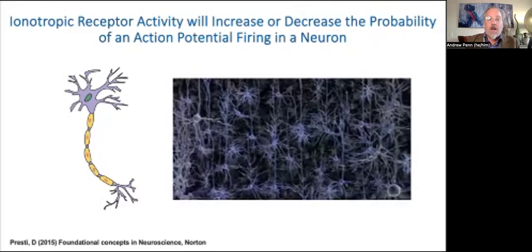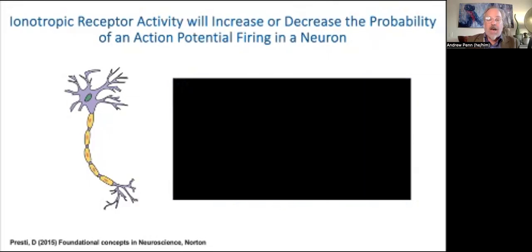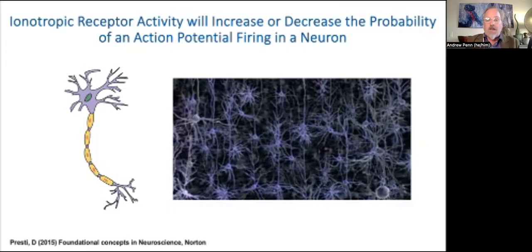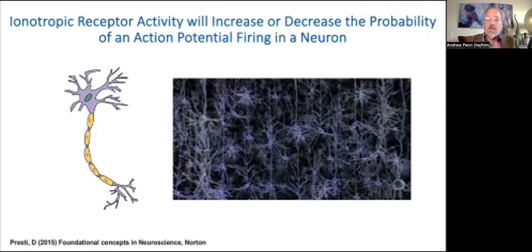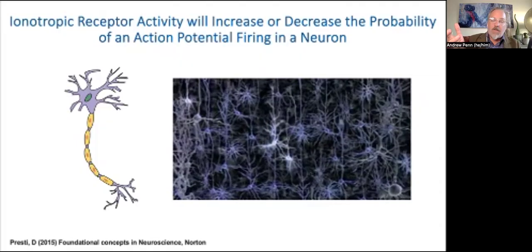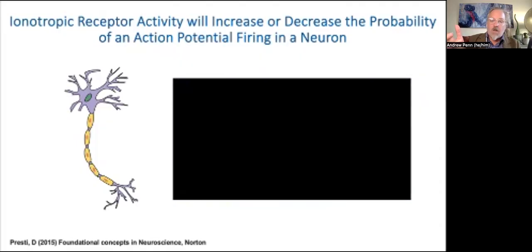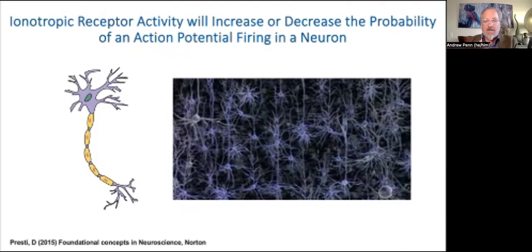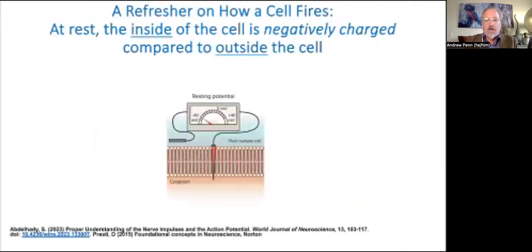So depending on the net amount of positive or negatively charged ions flowing into the cell, that will either tip the cell away from firing if it becomes more negatively charged, or it will go towards firing if it becomes more positively charged. So going back to Physiology 101, you probably remember that the inside of the cell is more negatively charged than the outside of the cell.